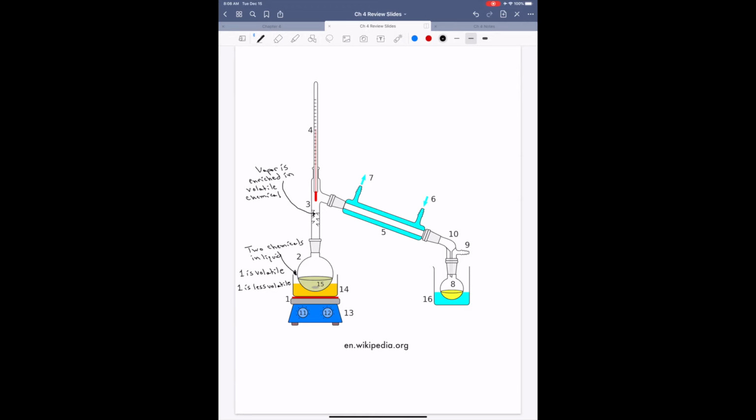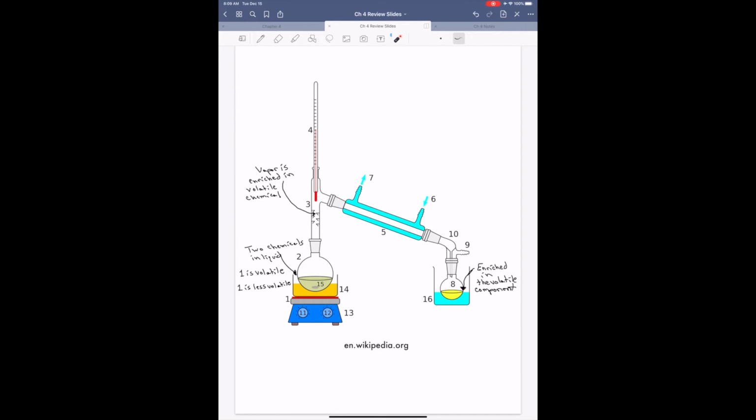But because that vapor was enriched in the volatile component, you end up having a product that's also enriched in the volatile component. Right? And so by doing distillation, you could purify your chemicals, right, after you do a reaction. Right? And so this is the basic concept of how a lab scale distillation occurs.